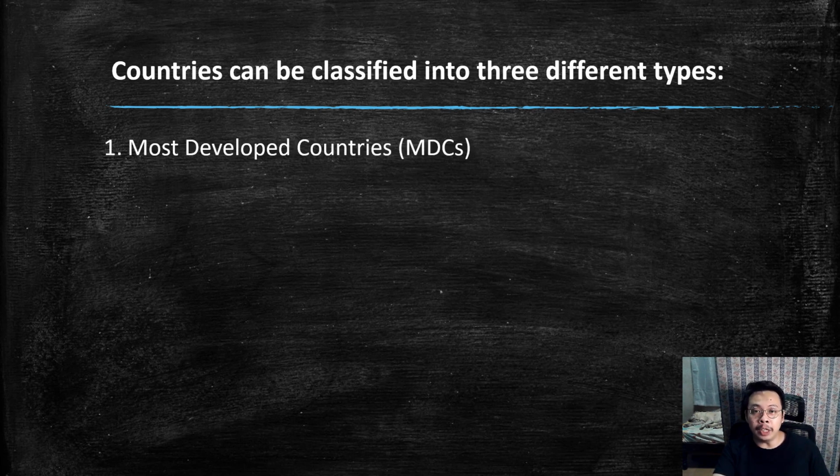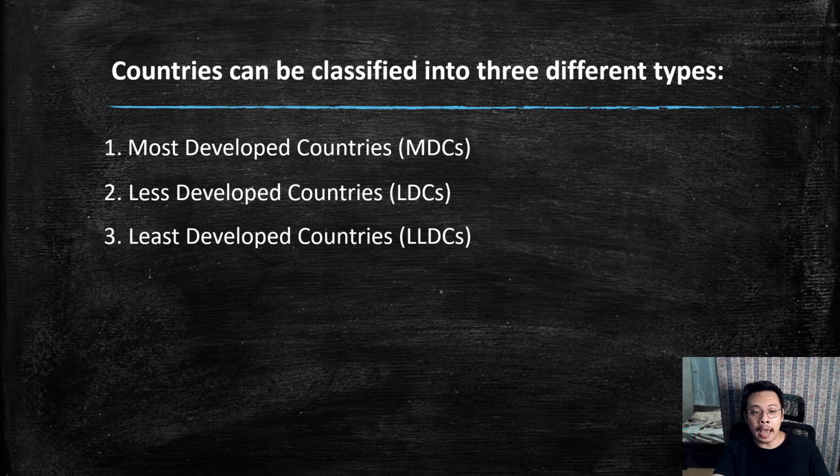Most developed countries or MDCs, less developed countries or LDCs, o kanang mga less developed countries kita diri sa Pilipinas, no diya ta na hulog, and least developed countries or LLDCs no, or kanang basically kanang mga country sa Africa nga lupo na kayo or murag kalisod na kayo sila.